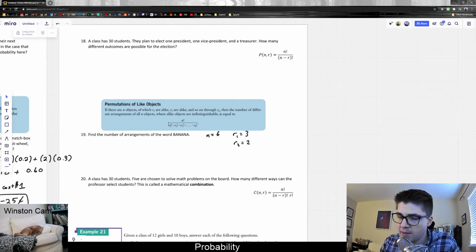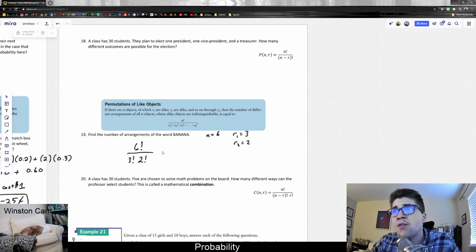So you only need to worry about using the duplicated entries in the formula. So basically, what I would be left with is 6 factorial in the numerator, which is just the raw permutations of 6 objects, and divide that by 3 factorial times 2 factorial. And essentially, 3 factorial would be 6, 3 times 2. And all that's doing is saying, well, of all those A's, there would be 6 unique ways of scrambling those.